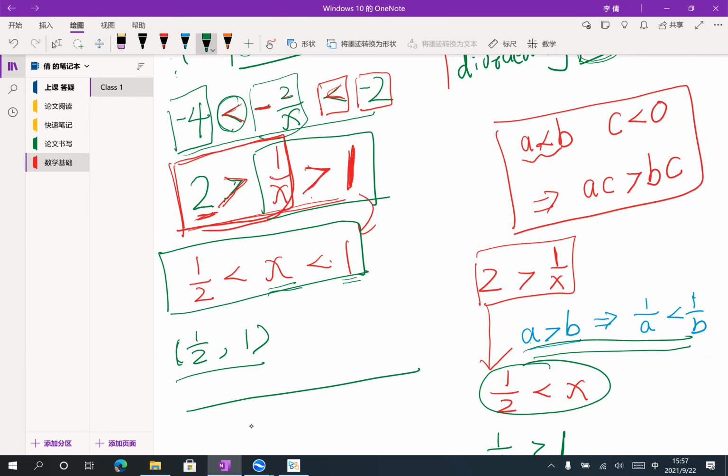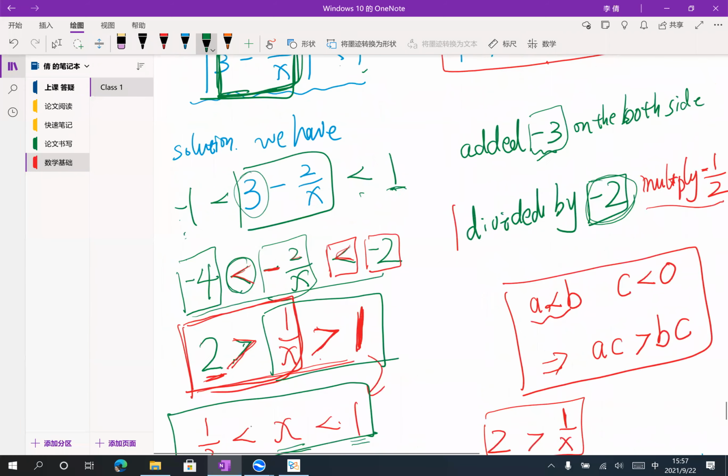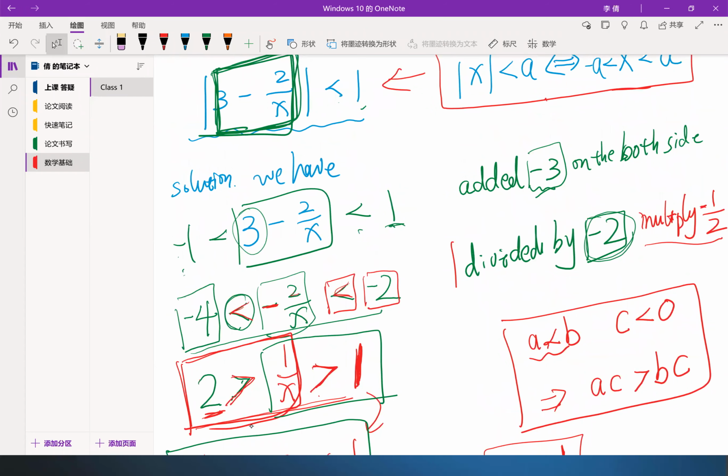And if we draw this interval on the real line, this is 0, this is 1 over 2, and this is 1, with open circles at the endpoints, and we draw a line between these. So this is the solution of this inequality.